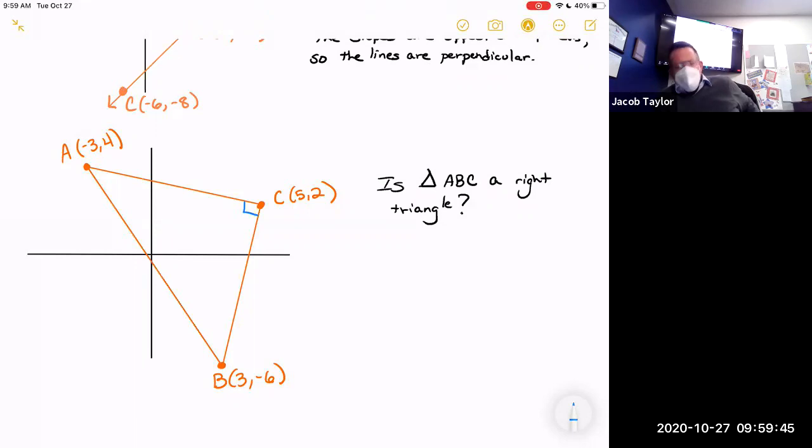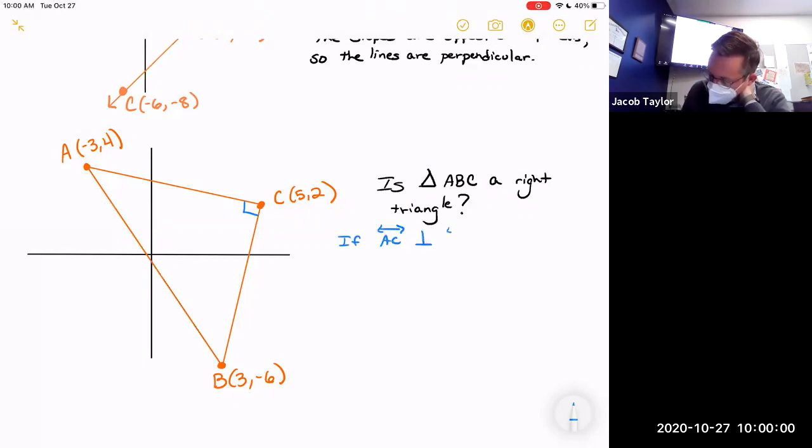How can I tell if that's a right angle? Well, are AC and BC perpendicular? If line AC is perpendicular to line BC, then angle C is 90 degrees.